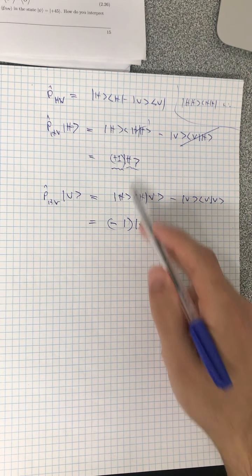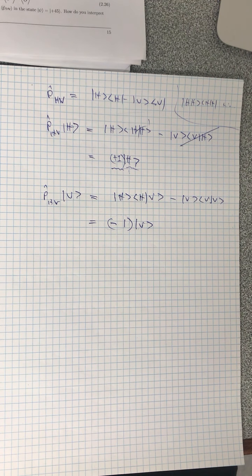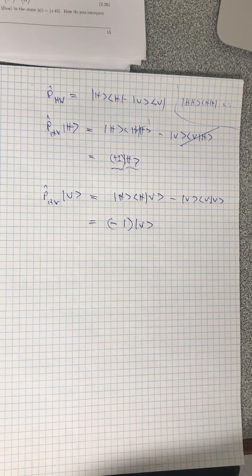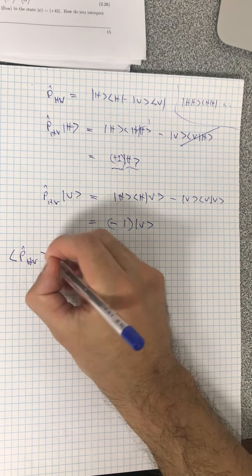So V is an eigenvector, H is an eigenvector. So in the HV basis, both the orthogonal basis vectors are eigenvectors of this operator. All right. So let's consider what is the expectation value of this operator.